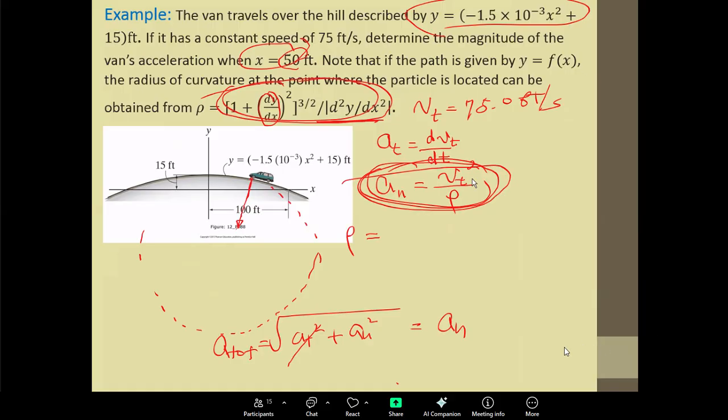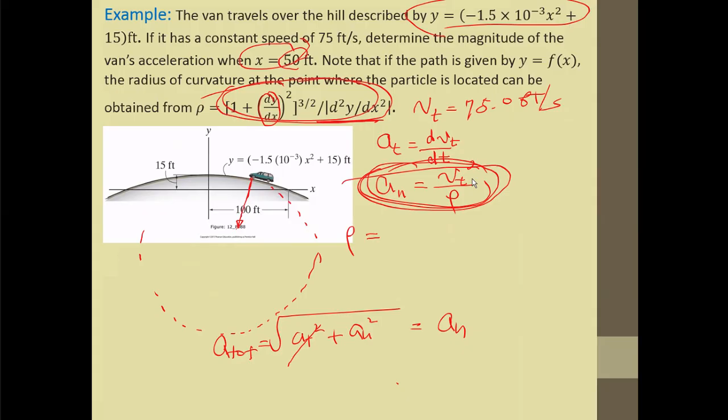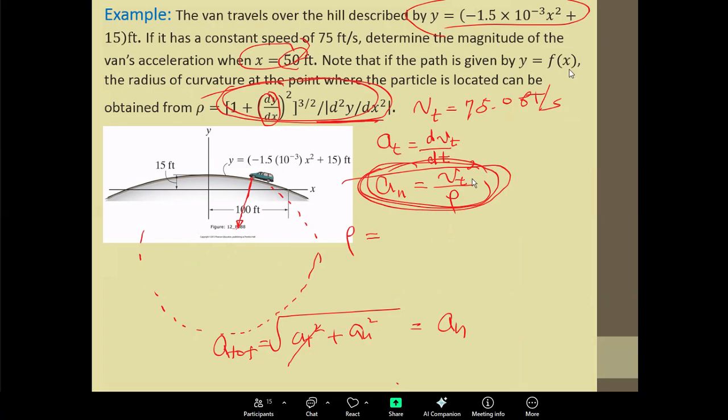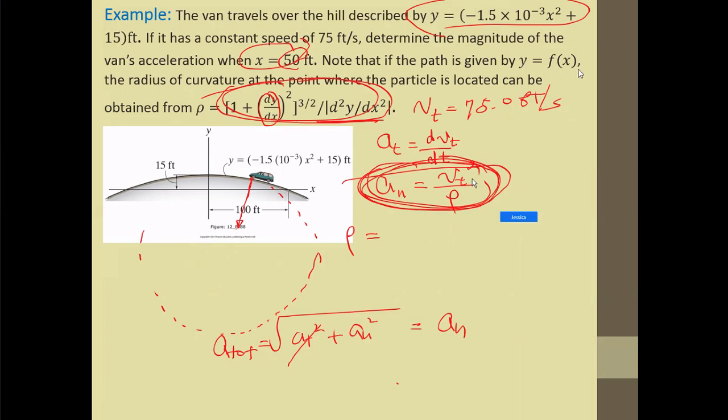Okay, what time is it now? So 2:36. We have plenty of time. I'll give you about 35 minutes. So you simply calculate the radius of curvature and plug that value into this formula, and v sub t is constant. Then you can evaluate a sub n when x equals 50 feet.